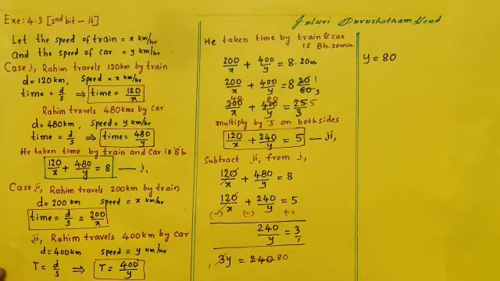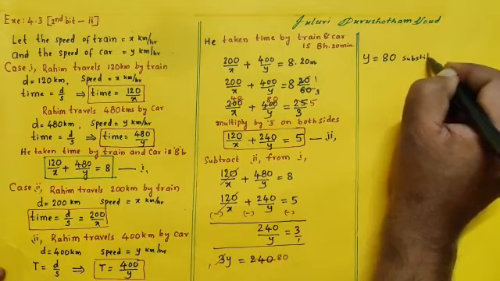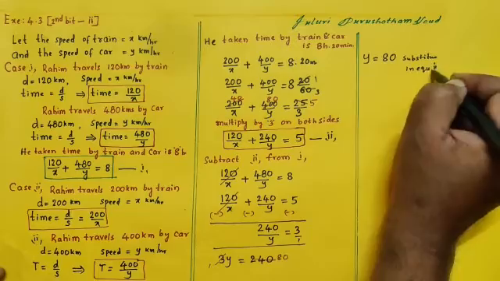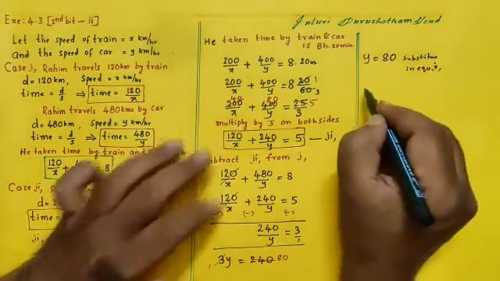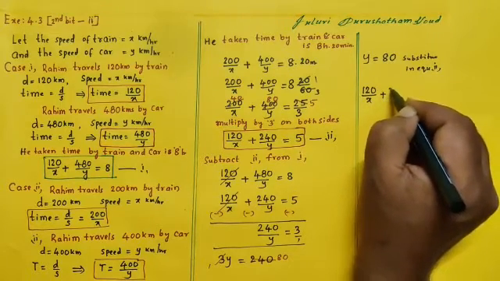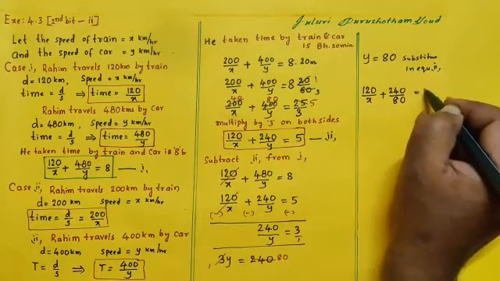If y is equal to 80, we have to find the x value. How to find the x value? Substitute y is equal to 80 in either the first equation or the second equation. If I substitute in the second equation, 120 by x plus 240 by 80 is equal to 5.